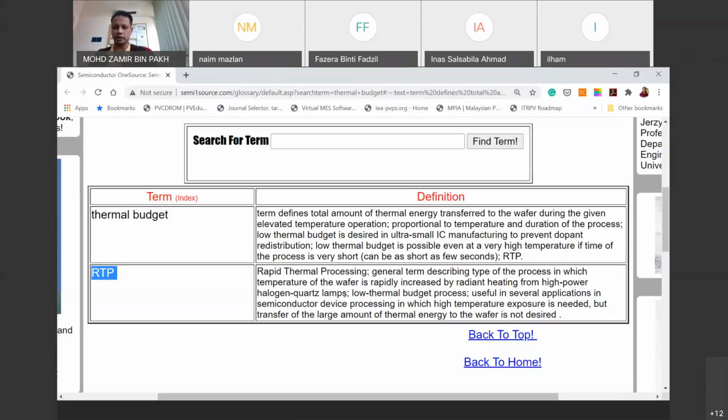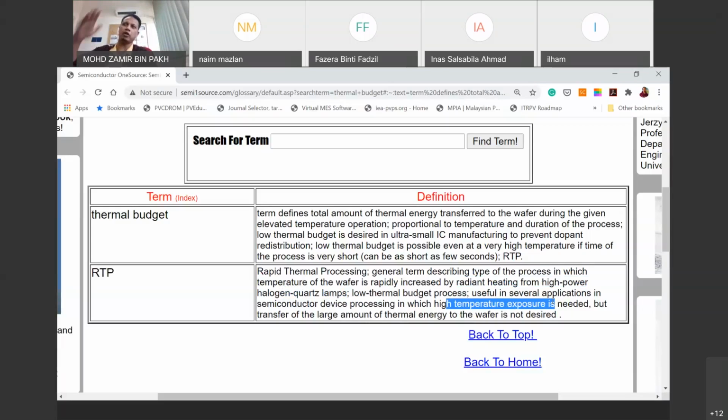Rapid thermal processing. General term describing a type of process in which the temperature of the wafer is rapidly increased by radiant heating. Usually we use halogen lamps. We arrange the halogen lamps in series. We give a high temperature pulse from high power halogen quartz lamps, right? It's a low thermal budget process useful in several applications in semiconductor device processing in which high temperature exposure is needed but for a short time. If you use a furnace, it's high temperature for quite some time.